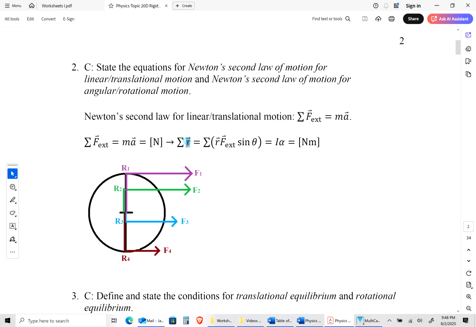So torque takes the position of force, and I takes the position of mass, and alpha takes the position of acceleration. So what I highlighted here is for linear motion or translational motion. What I highlight here is for circular motion or angular motion.